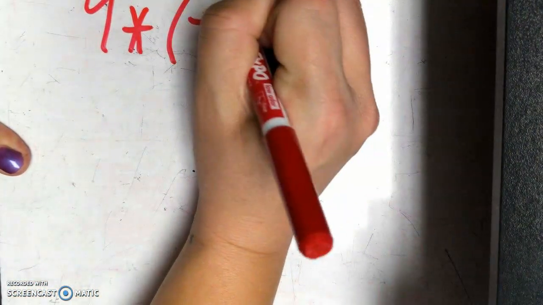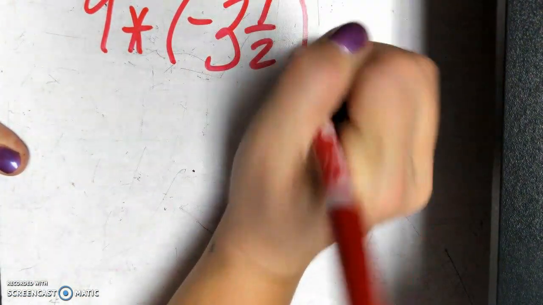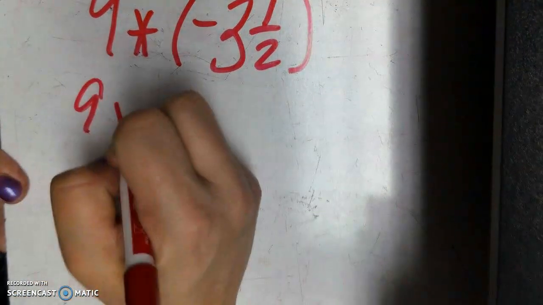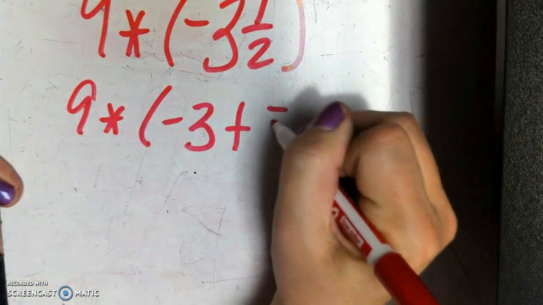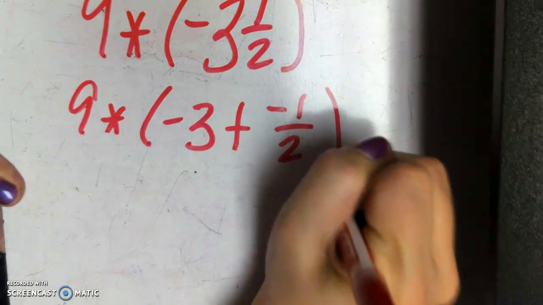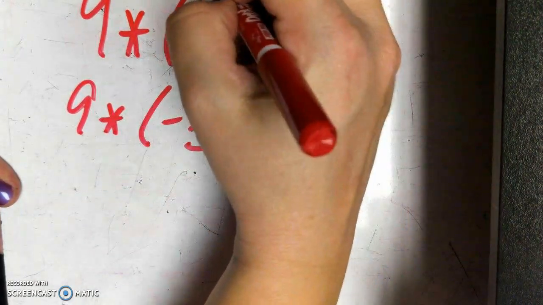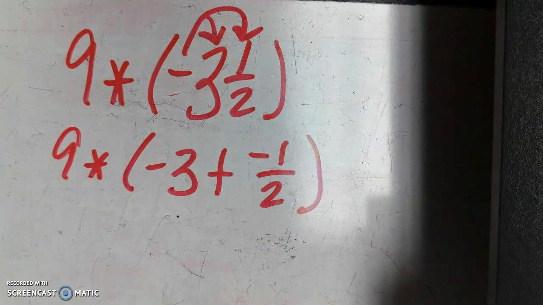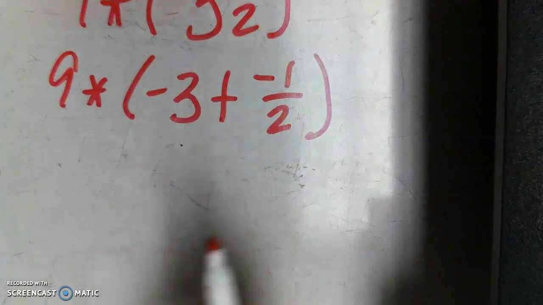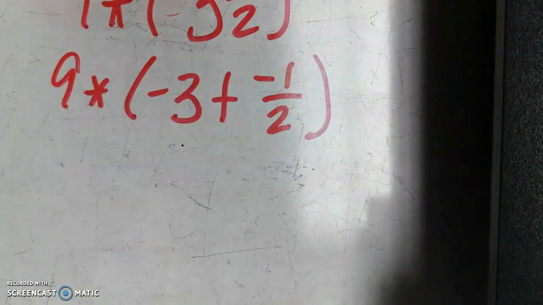9 times -3 1/2. Okay, I can rewrite this as 9 times -3 plus -1/2. Okay, remember the negative applies to both of its parts. Okay, so now I can distribute this 9 through. Okay, and I'm going to get, well, I can do it two ways.